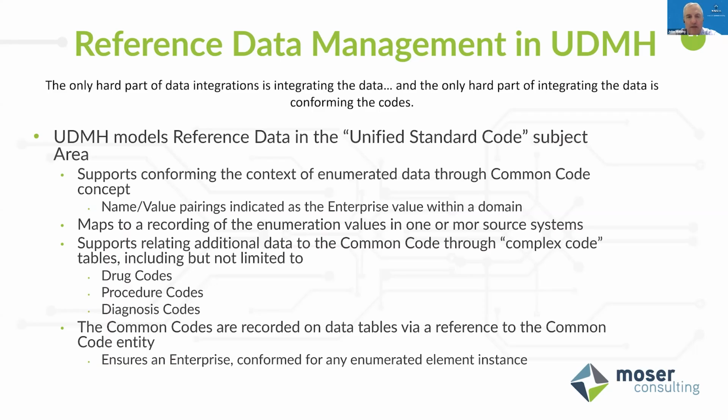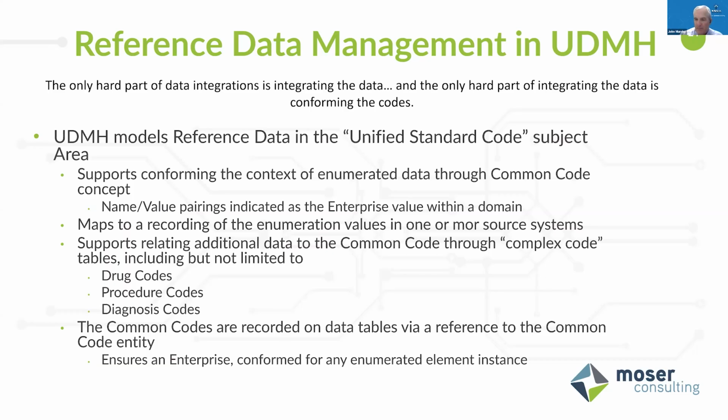The only other wrinkle to this is there's a lot of code sets that have other data other than the name value pair. Easily the most common ones are common codes. There's just name value pairs. But drug codes, procedure codes, diagnosis codes, order codes, condition codes, right? They're examples of complex codes. And to the degree we were able to model to a standard, apparently RxNorm gave us the rights to a certain amount of their metadata.